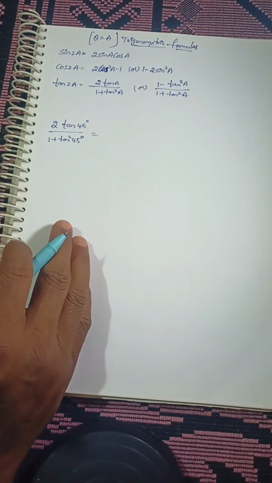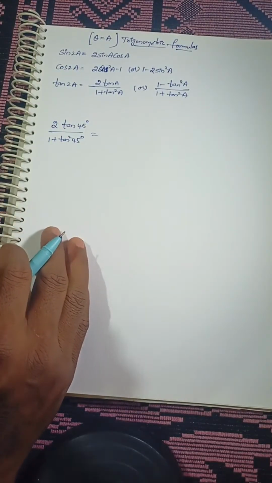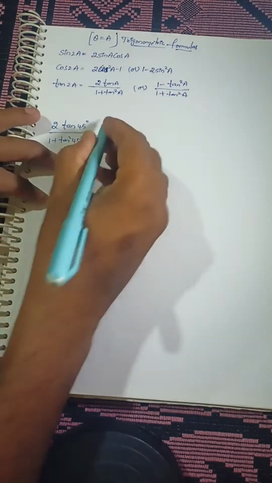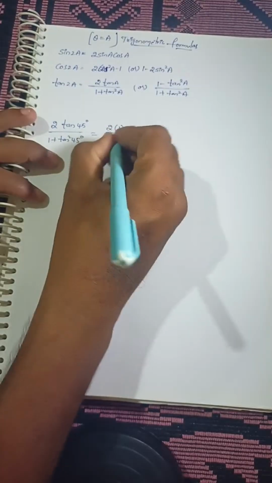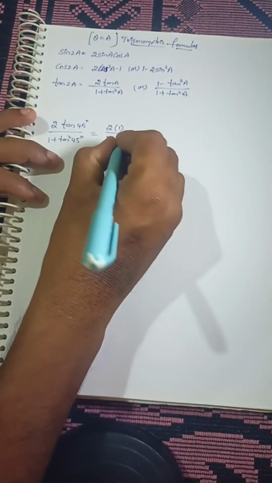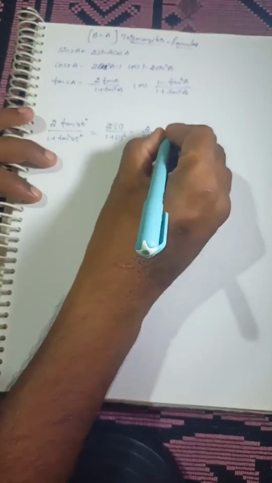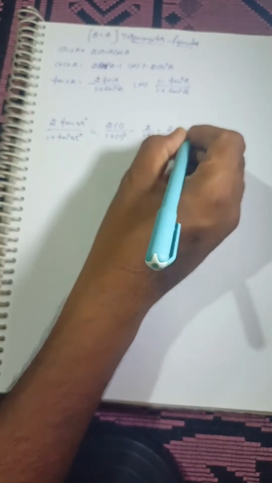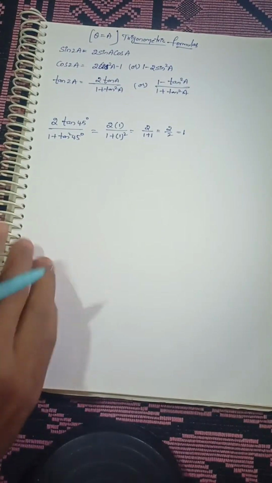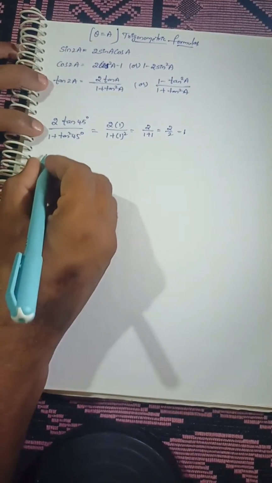Tan 45 degrees value is 1. As I said, keep the trigonometric table, write it on a paper, keep it with you. 2 into 1 by 1 plus 1 square, which is 1. 2 ones are 2 by 1 plus 1. So 2 by 2 we get the value 1. Now see, second one.